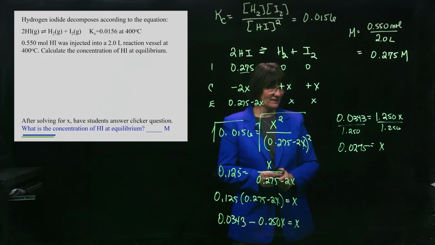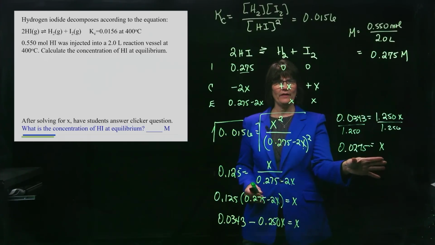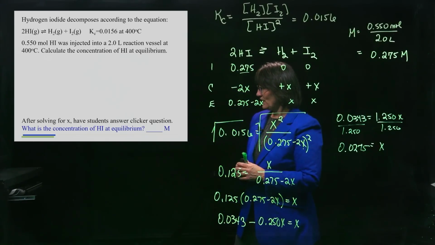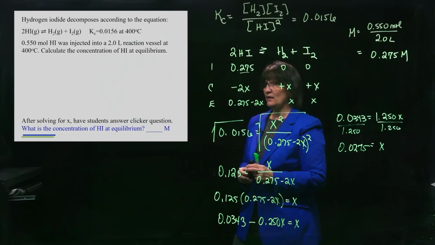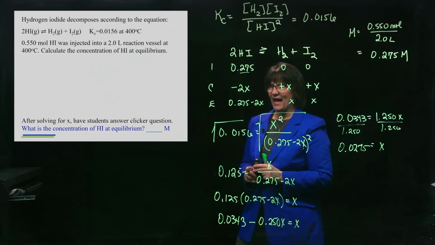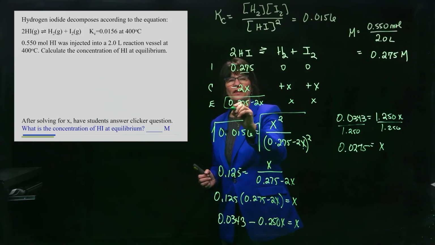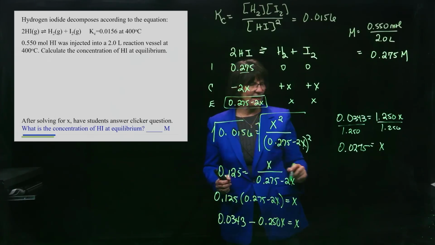Now that we've had x, I've told you x is not necessarily the answer. I want you to go back to what you see there, and I want you to put in what is the concentration of HI at equilibrium. Well, how did you do that? Well, there is the HI, okay? This is its concentration at equilibrium.